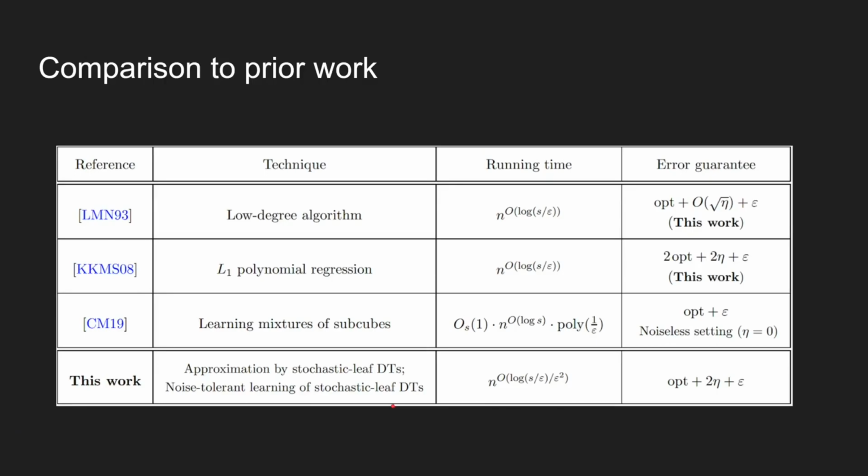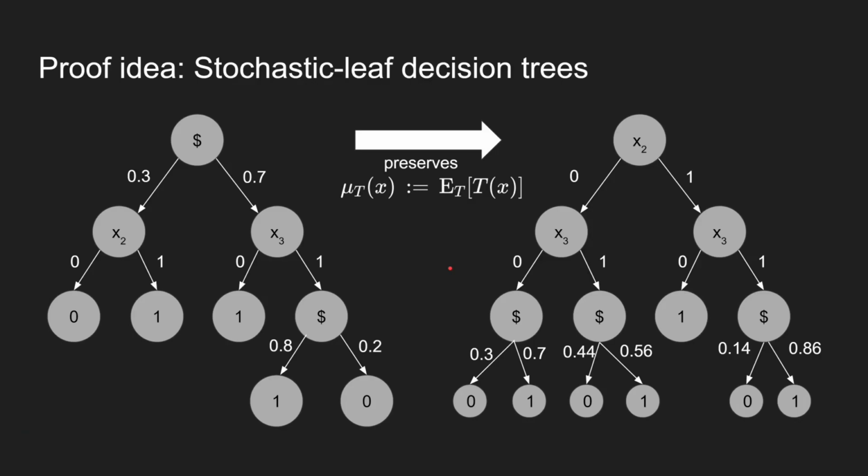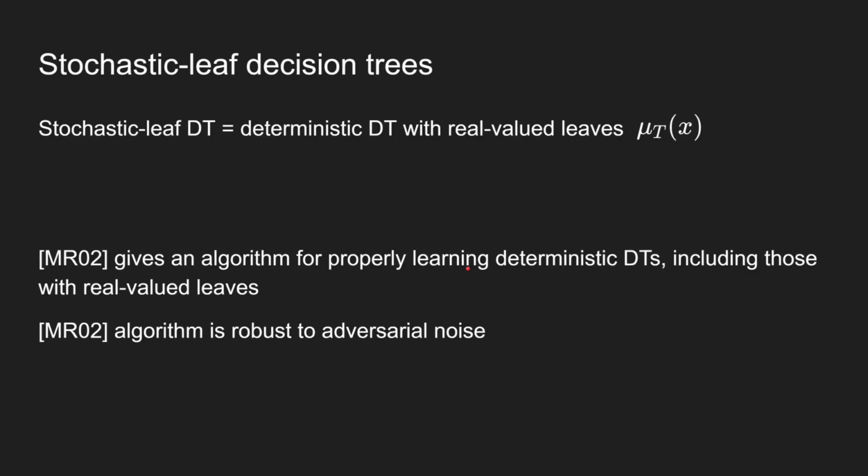Great, thank you, Guy. Let's dive right into the proof of Theorem 1. Our main technique is the approximation of stochastic decision trees by stochastic leaf decision trees, which are decision trees whose internal nodes must all be deterministic queries, but can have one stochastic transition at the end of each path, whose bias is mu_T(x), defined to be the expected value of T(x) taken over the randomness of T. A stochastic leaf decision tree can be thought of as a deterministic decision tree with real-valued leaves, labeled by mu_T.